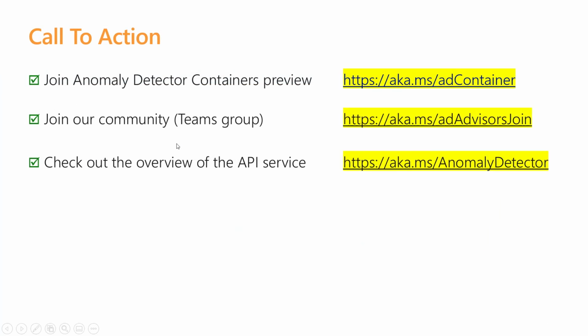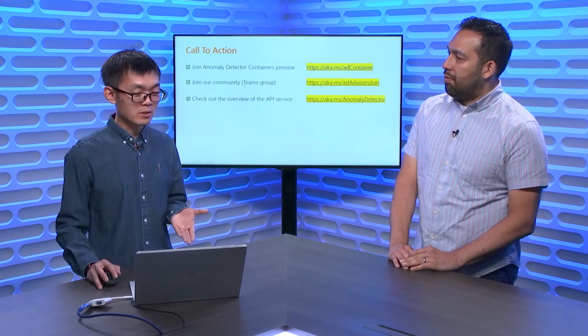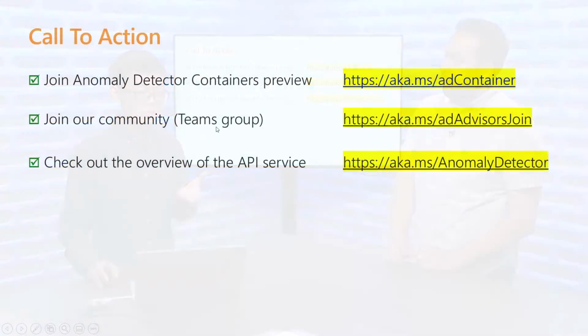Sure. Always start with this AD container form. You will get the credentials, and then we do the review pretty fast. So you fill the form, get the credentials, pull the image, and then if you need help, or want to chat with the engineering team and other members in the community, we have a Microsoft Teams group.